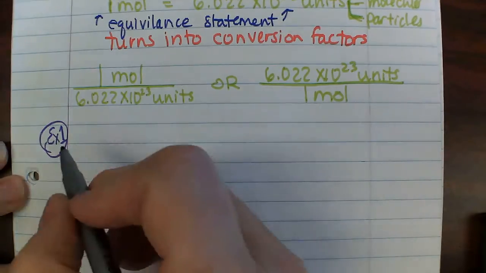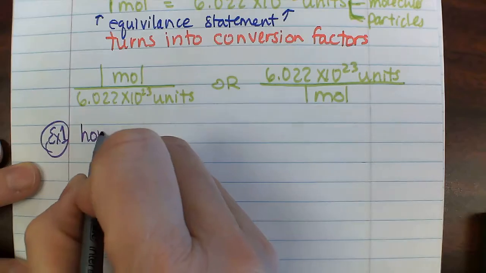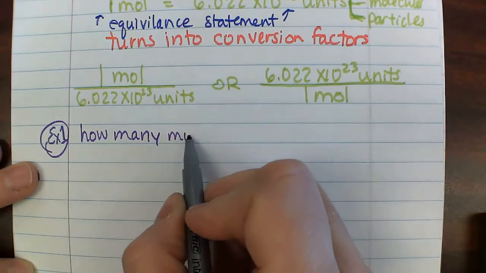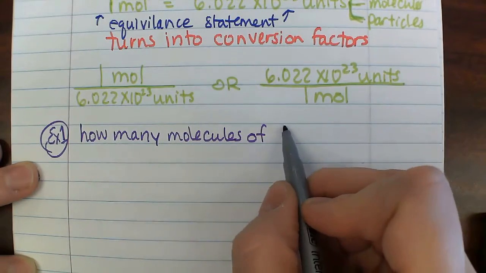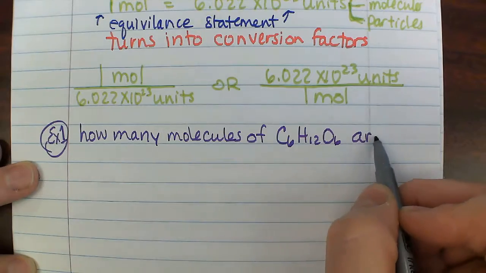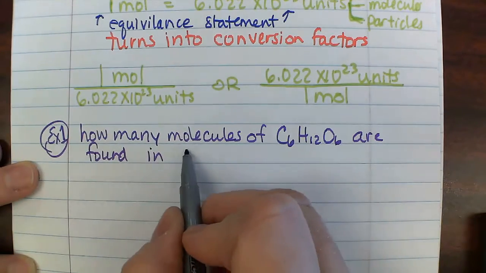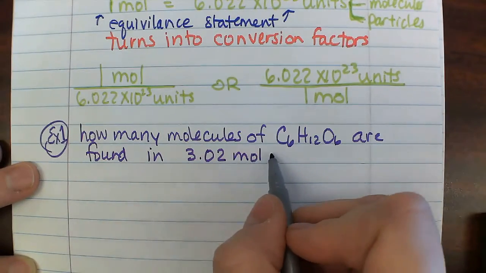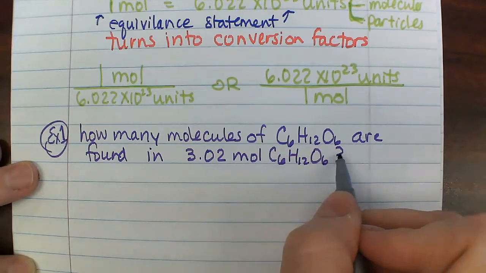So here's our first example. How many molecules of glucose are found in 3.02 moles of glucose?